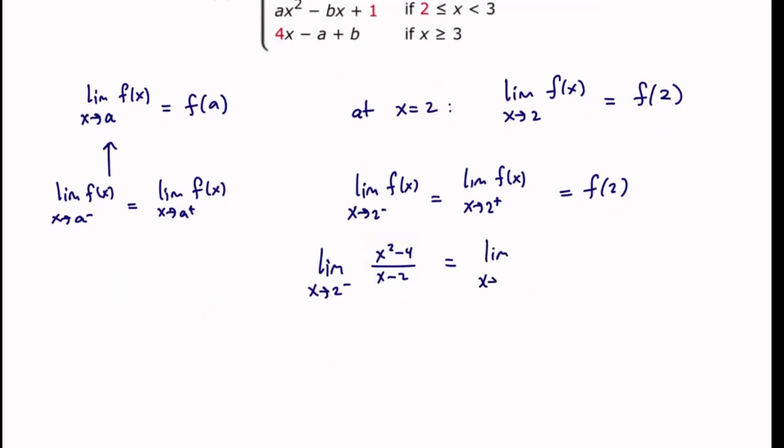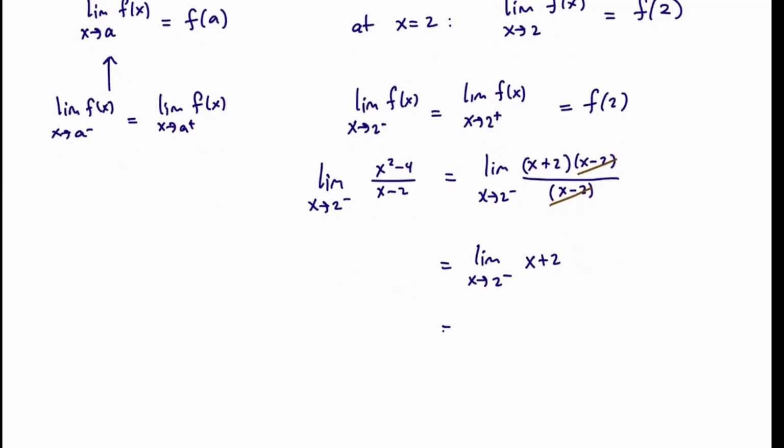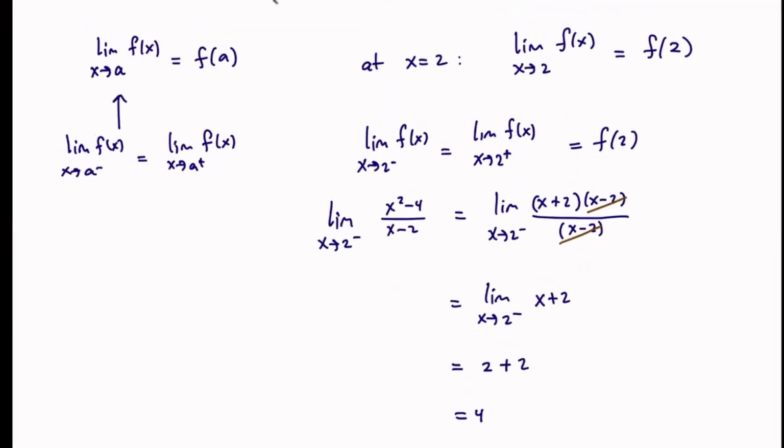So we factor x squared minus 4 as x plus 2 times x minus 2, all over x minus 2. Now you see that these two factors will cancel out. So we're taking the limit as x approaches 2 from the left of x plus 2. Now we can plug in the value 2, so that will be 2 plus 2. That gives us 4.